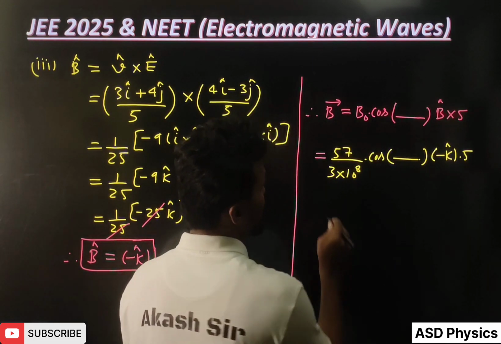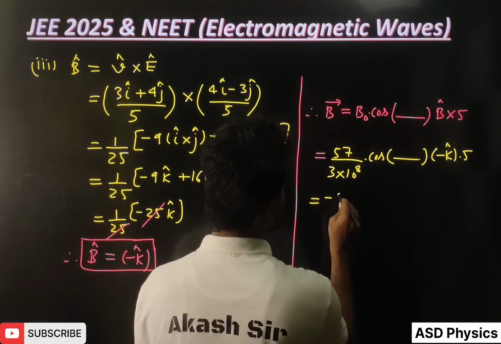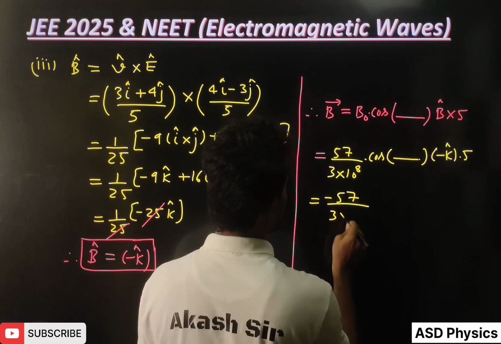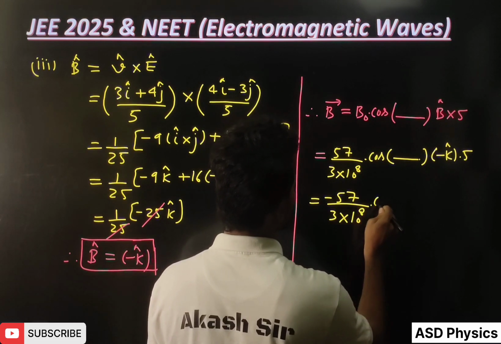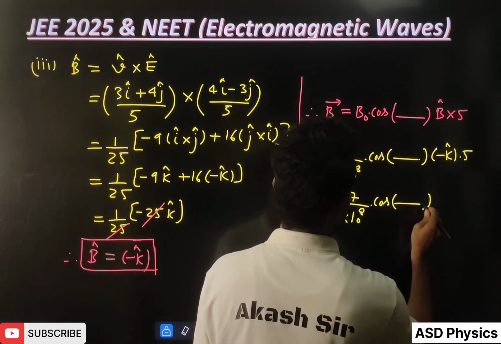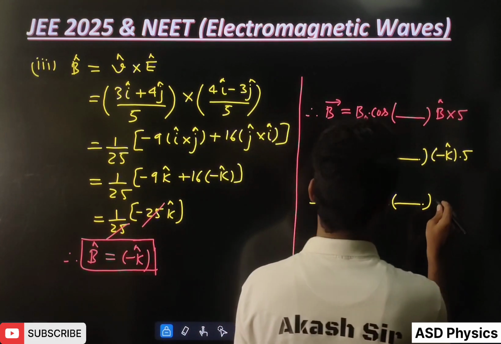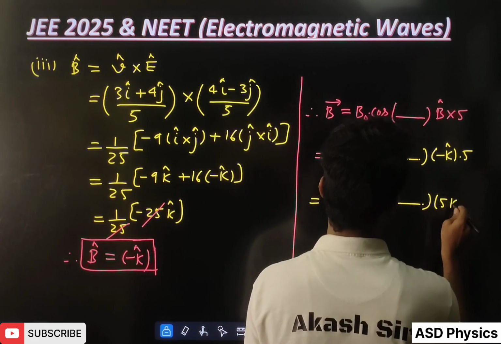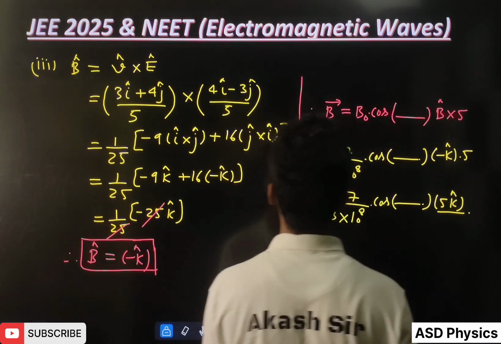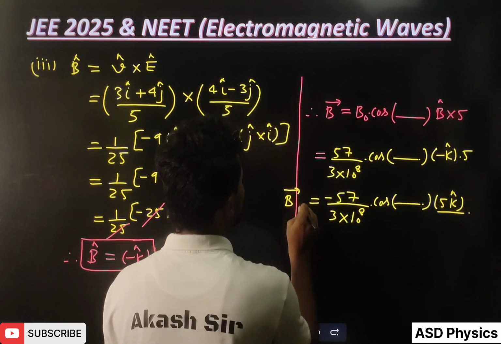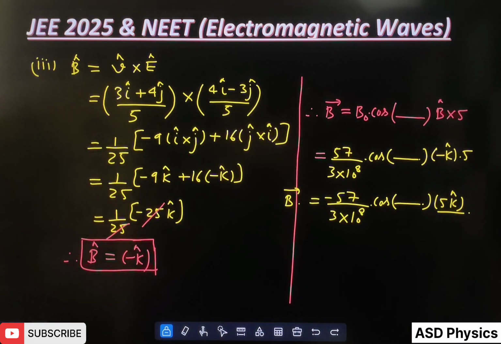Okay. Now take the minus, so minus 57 by 3 into 10 to the power 8 cos, inside the cos function same as I told you, electric field and magnetic field are in the same phase, and it will become 5 k cap here. Is it, students? So this is the magnetic field of the electromagnetic wave.